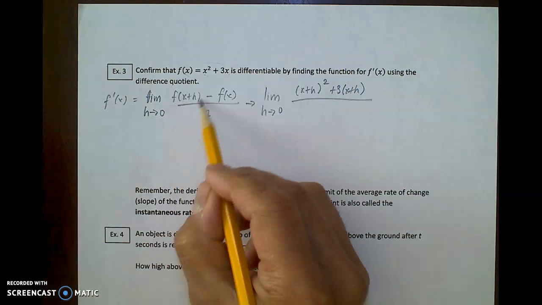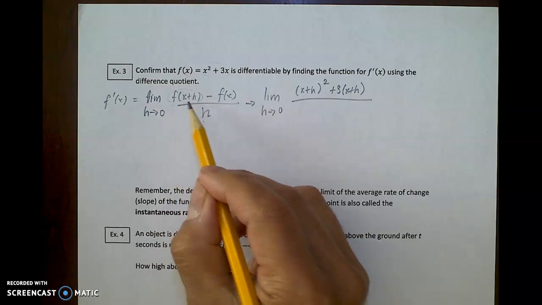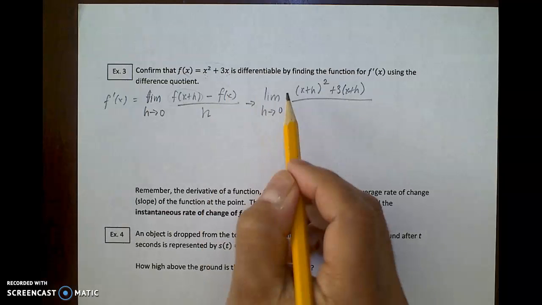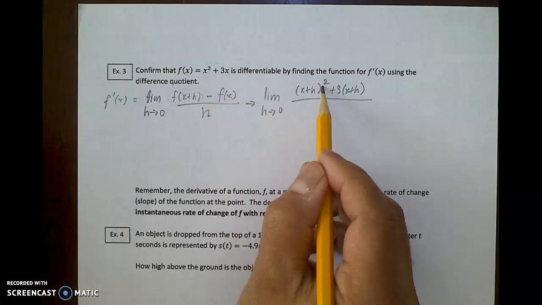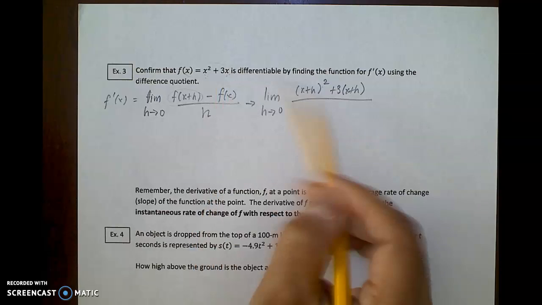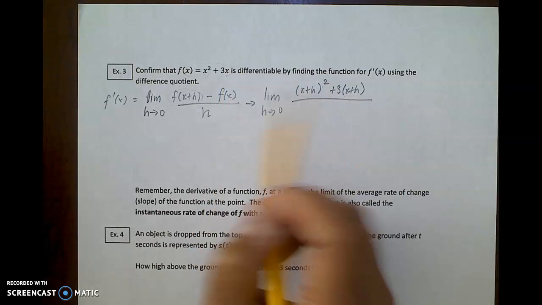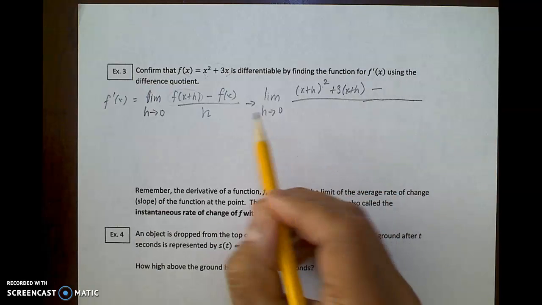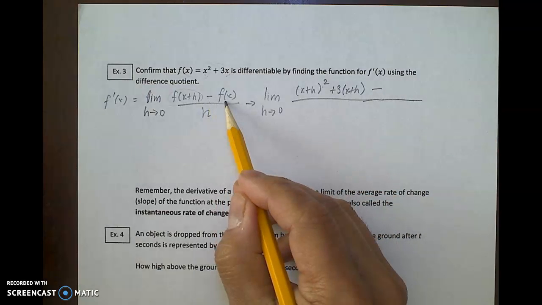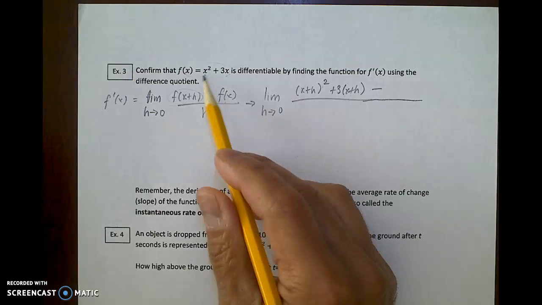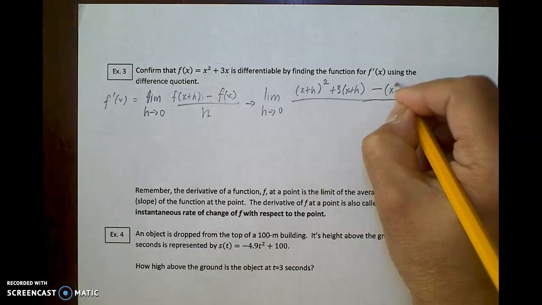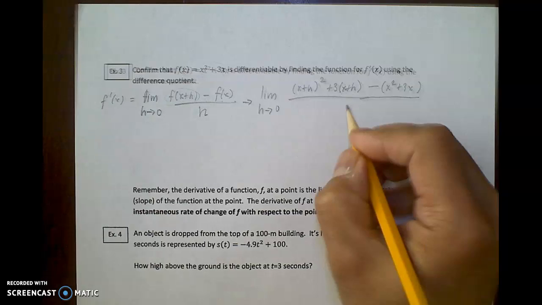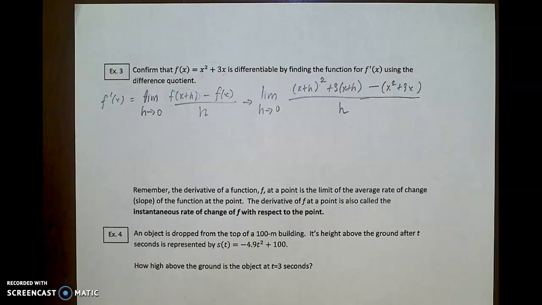So again, we are evaluating this part of the difference quotient by putting x plus h in for the x's. x plus h squared plus 3 times x plus h. Then we need to subtract the function of x. So again, that's just x squared plus 3x. And that's all over h.